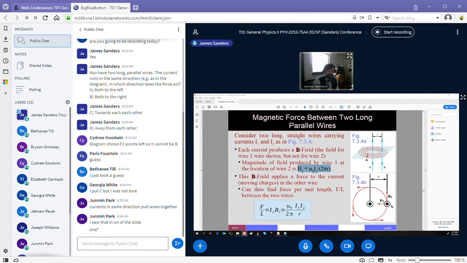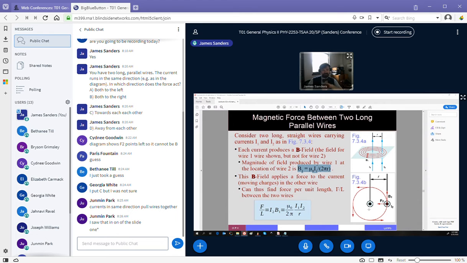If you reproduce the magnetic field from this wire, which direction will it be when it gets to this wire? Well, it should be downward. So you should have a magnetic field down and you have a current coming up out of the page. Current coming up out of the page, field going down, means you have a force in this direction.